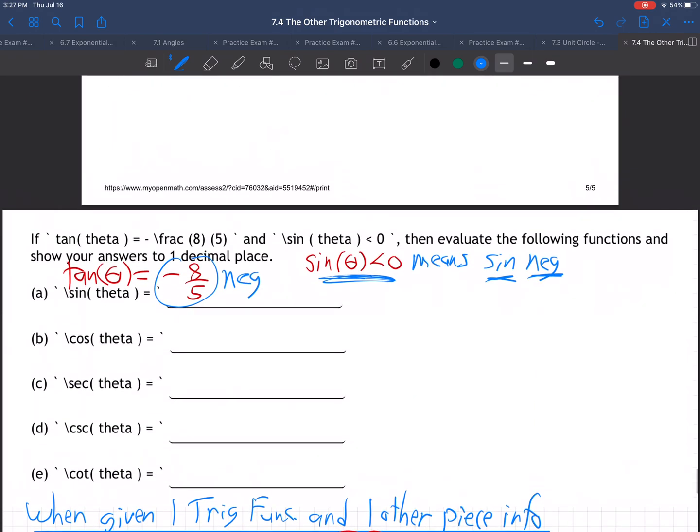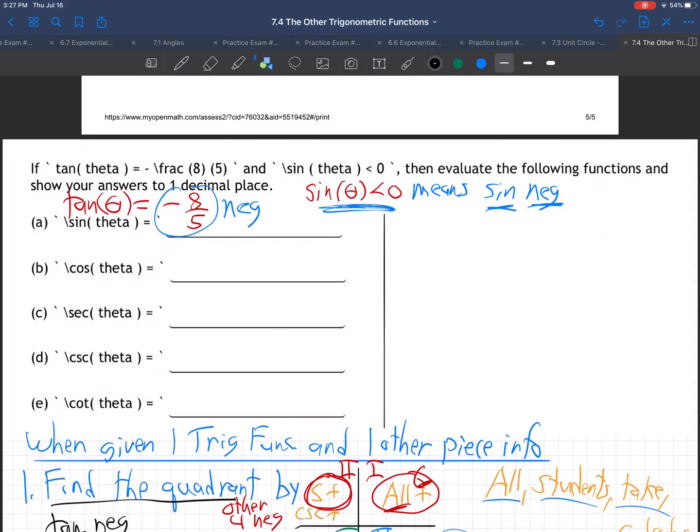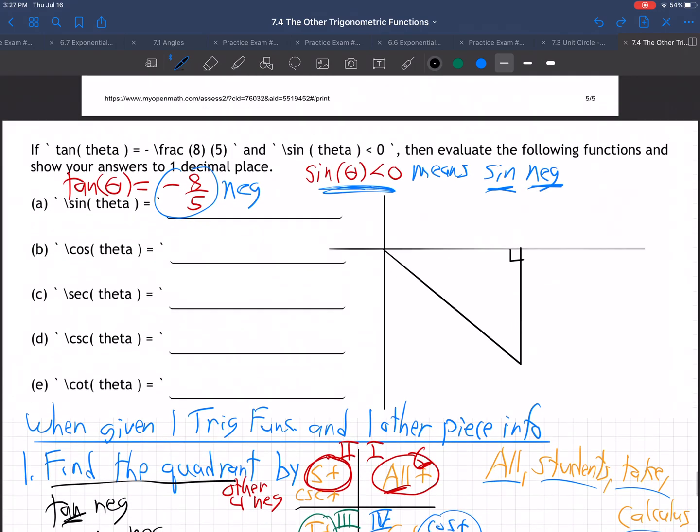So let's go up and do that. So I'm going to come up here now, and I'm going to draw, starting from the origin, and then go to the x-axis like that. Make a right triangle. It's very important I didn't go this way to the y-axis. That would get you the wrong answers. So there we go. So draw your triangle.